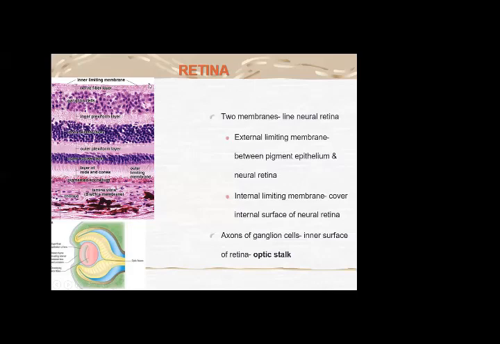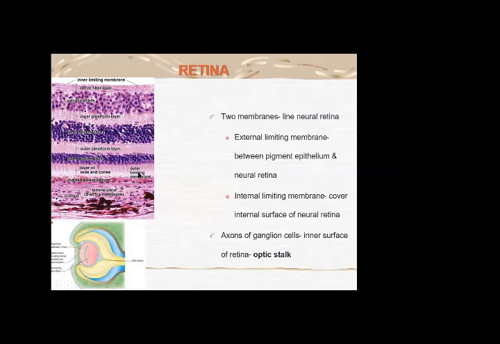I hope you appreciate one thing. This is the outer side. This is the inner surface. The inner limiting membrane lines the inside of the innermost layer. Okay. Now, you have two membranes, one on the outside, one on the inside. The outer membrane, the outer limiting membrane, the external limiting membrane, whatever name you want to give it, here.